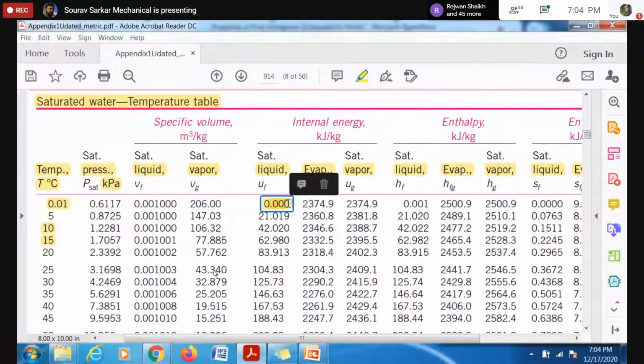The molecular energy of those liquid molecules simultaneously increases, so it needs less energy to convert into vapor. That is why the vapor state internal energy is continuously reducing as you are increasing the temperature. You can understand it this way, but if you still have doubt, I can explain it further later.